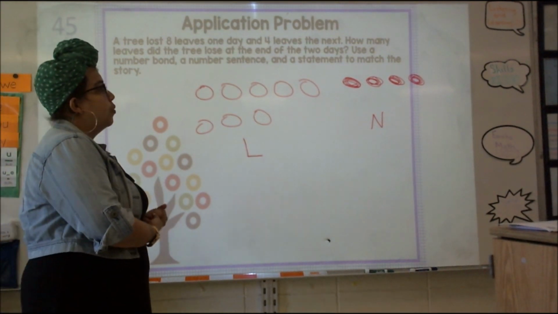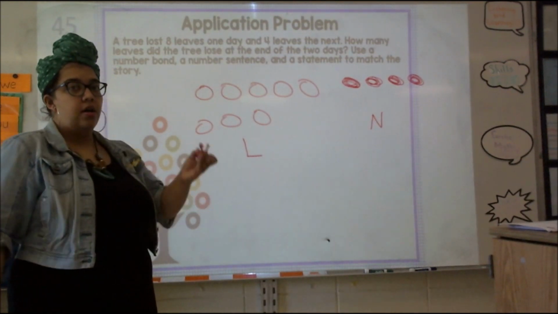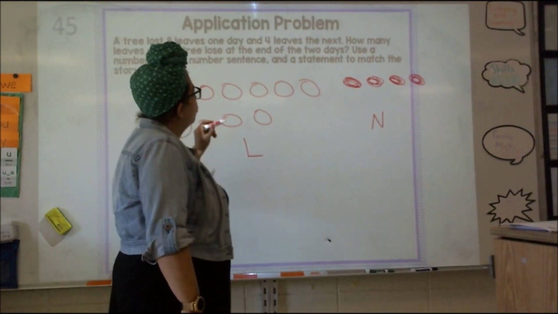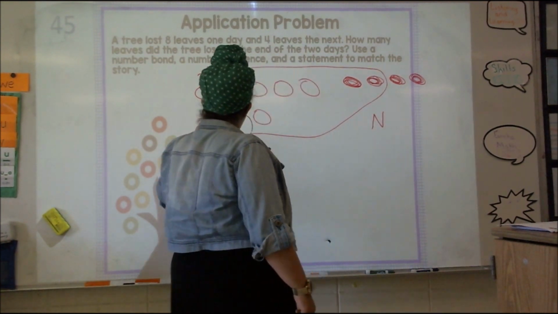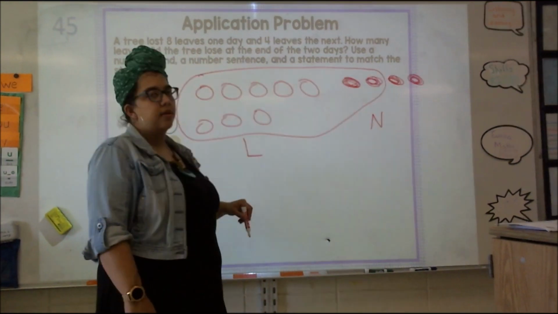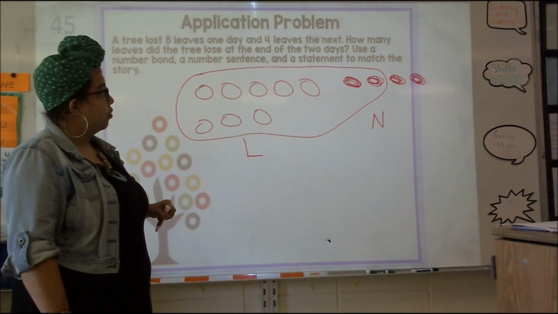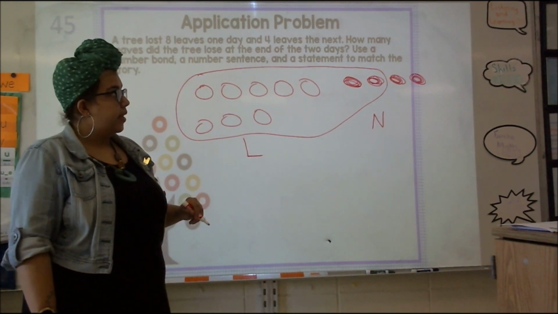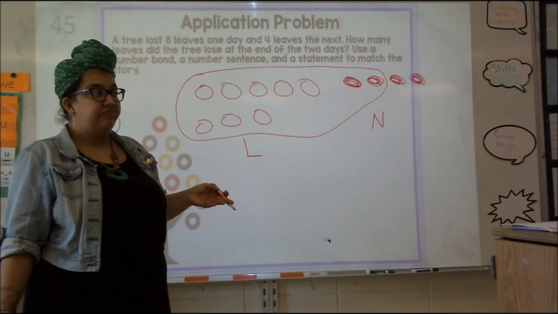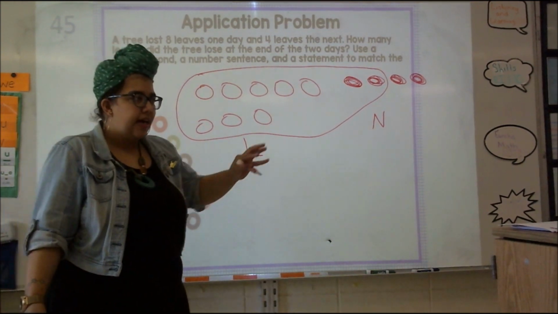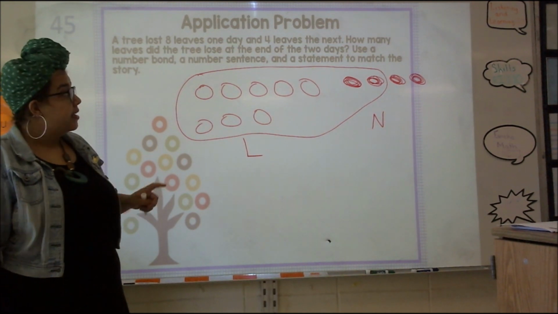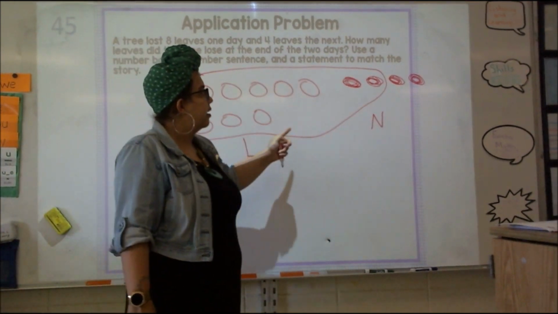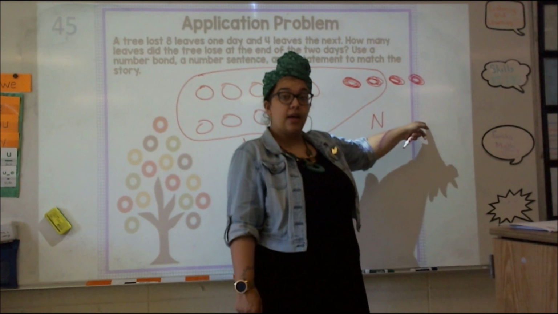So what we want to do is draw to make a group of 10. We just drew to make a group of 10. Did I get more leaves? Did I take any leaves away? I just moved a couple leaves over for counting purposes. So now we can say 10, 11, 12.